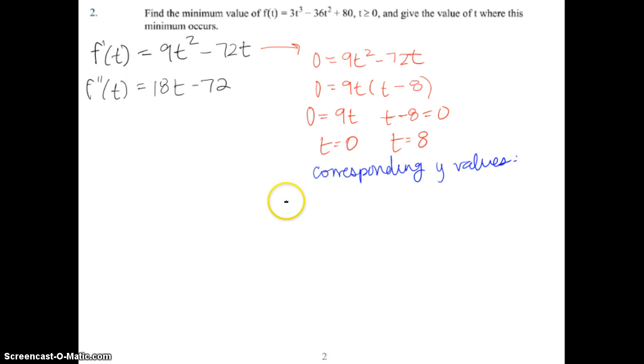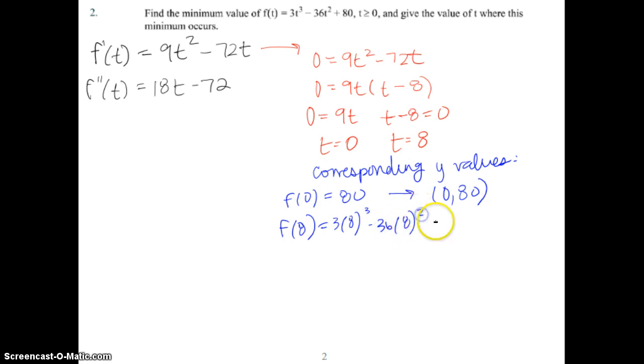So we're going to find f of 0, which is going to be 80. So our coordinate point is going to be 0, 80. Then we'll find f of 8. F of 8 is going to be 3 times 8 cubed minus 36 times 8 squared plus 80, which comes to be negative 688.